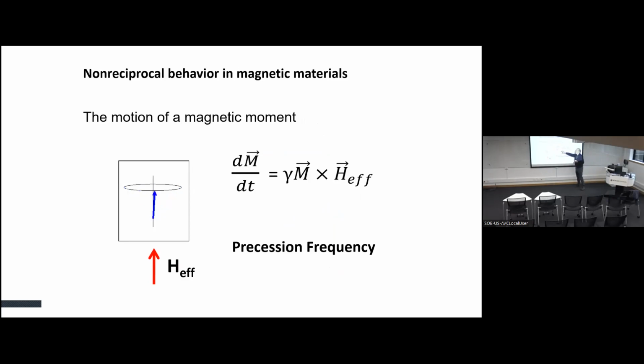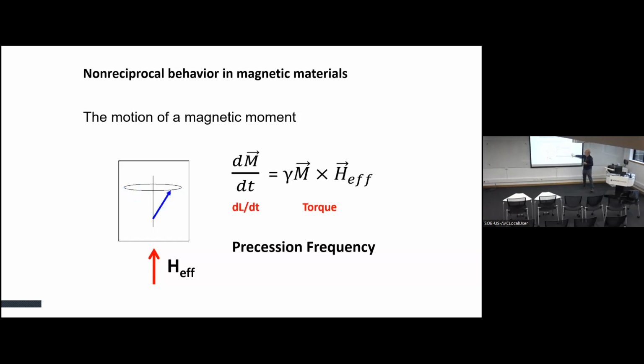It's governed by this really simple equation. There's an effective field acting on this magnetic moment. This simple equation is really a standard equation you would learn in first semester physics. The change in angular momentum is the torque. When you're changing the direction of the magnetic moment, you're changing the angular momentum, and the torque on a magnetic moment is basically m cross h.